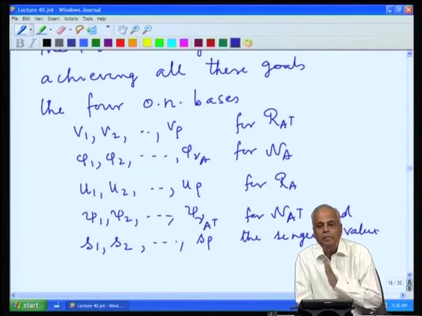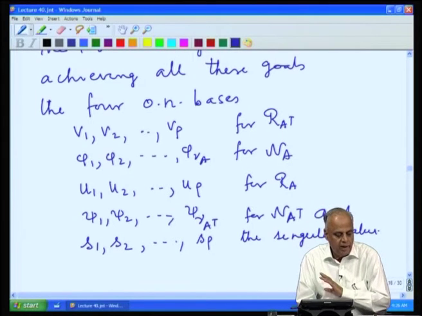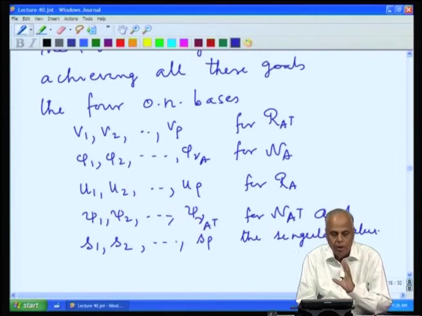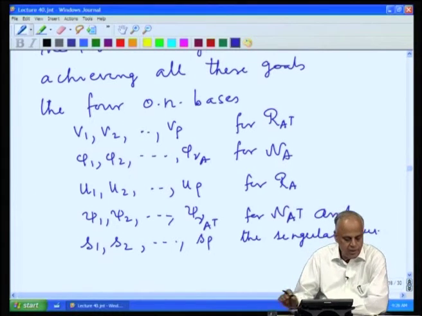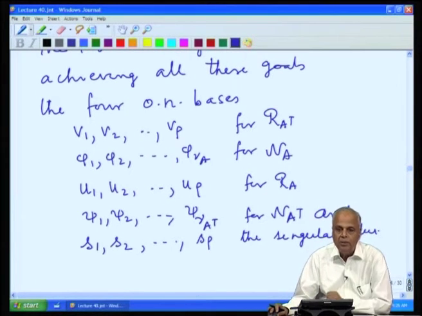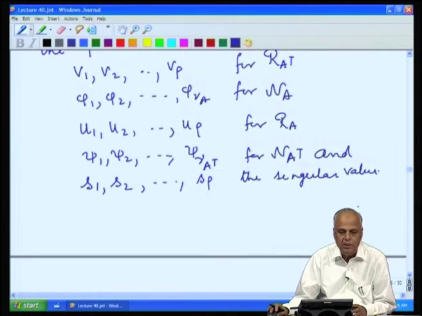So, these are the main ingredients for finding all the answers. Therefore, given a matrix, these are the most important things that we have to compute with such a matrix.